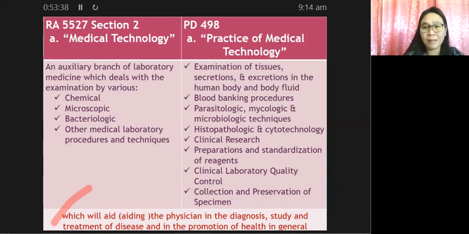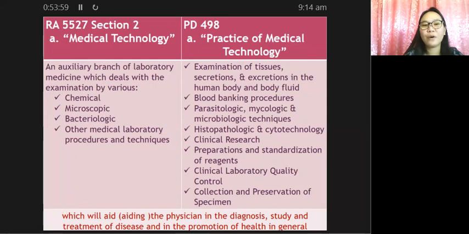So that means the ultimate goal of the profession is still the same. It really did not change. It's still the same, to aid in the diagnosis, study and treatment of diseases, so that the entire medical group is able to promote health in general. So it stays the same.